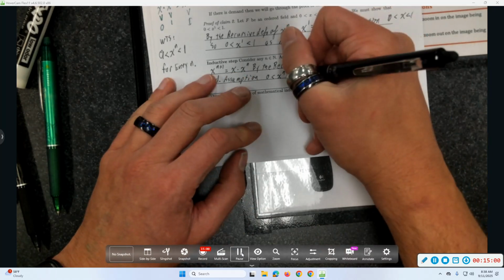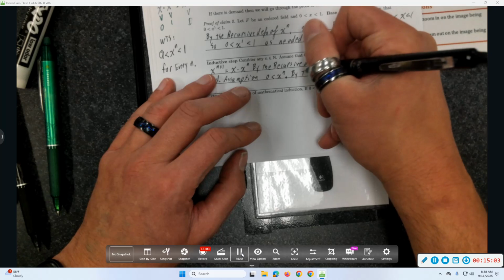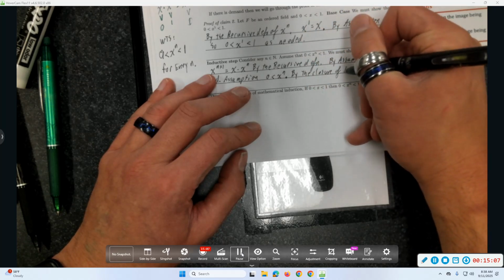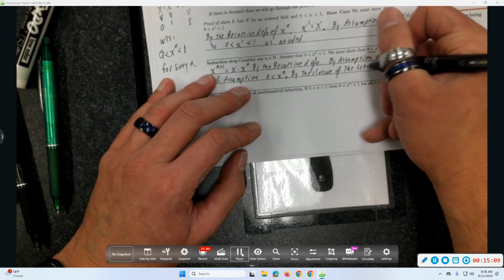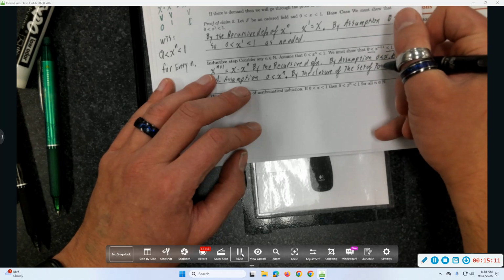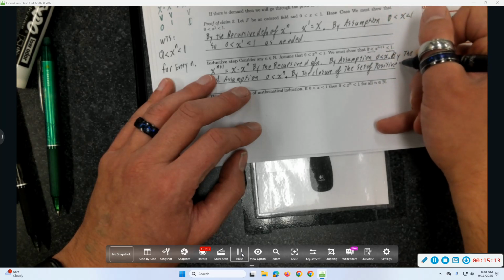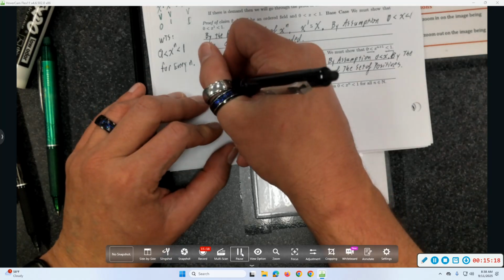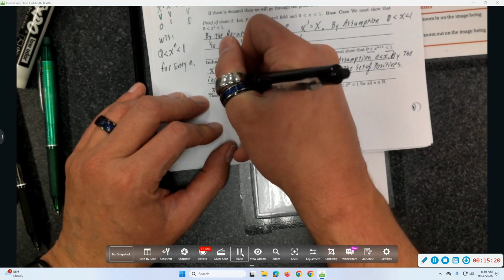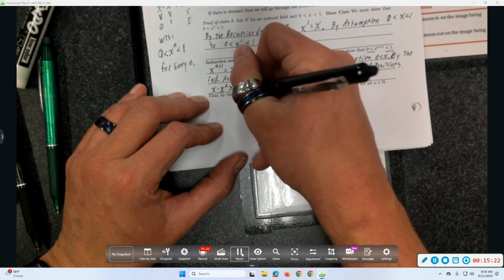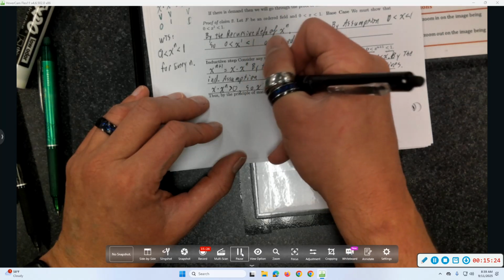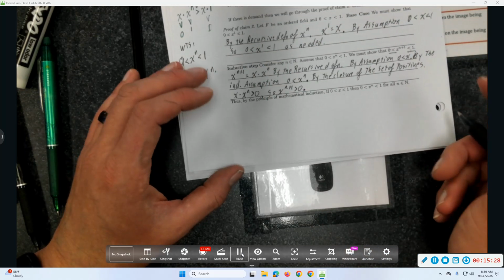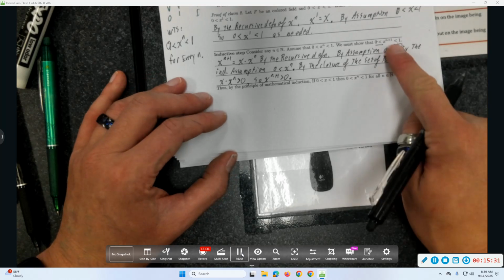Oh, well, gosh, by the closure of the set of positives, which recall is just one of the axioms, x times x to the n is bigger than 0, so x to the n plus 1 is bigger than 0. Of course, we're not done, even though I've used up all my space. I need to prove the other inequality.